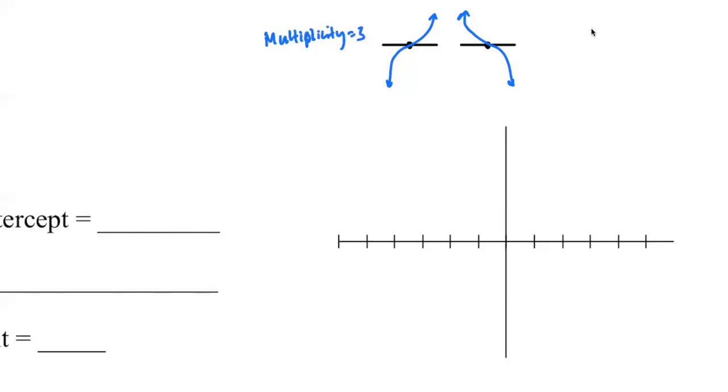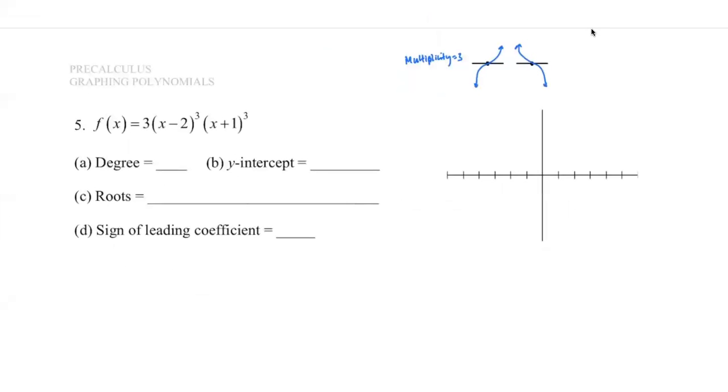So that results in the S-shaped turn. So this is like the x cubed graph. You learned that in Algebra 2, but again, make no assumptions, okay? So that's how it works.